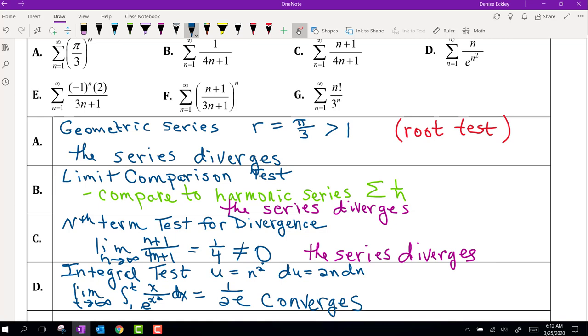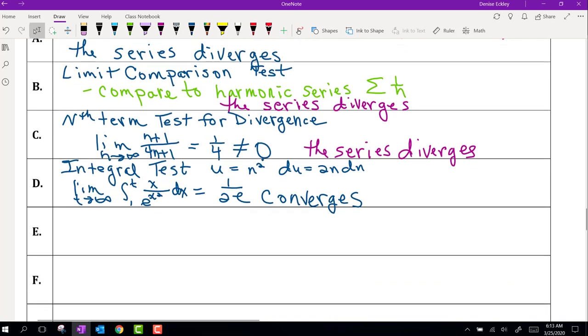All right, letter E, that one is obvious because of that part. That's an alternating series, so that's going to be an alternating series test.